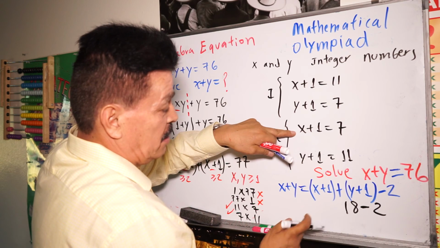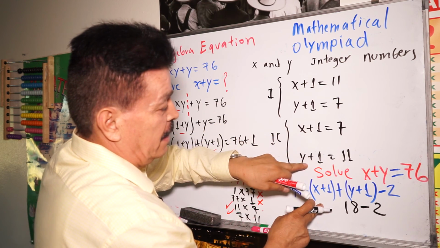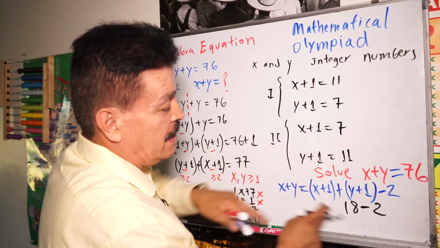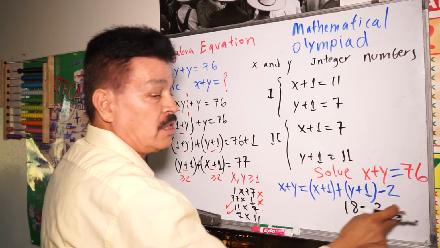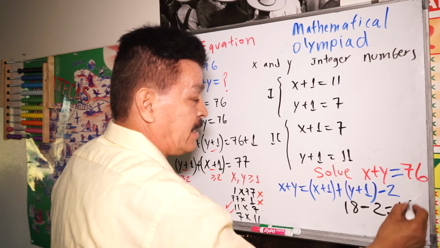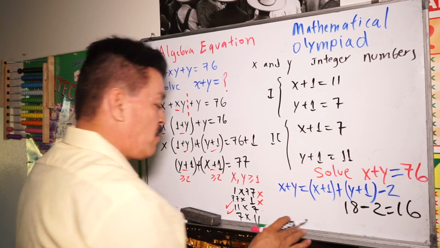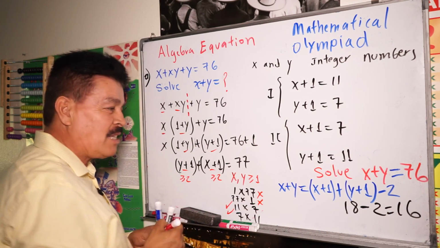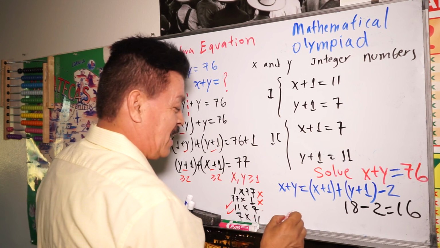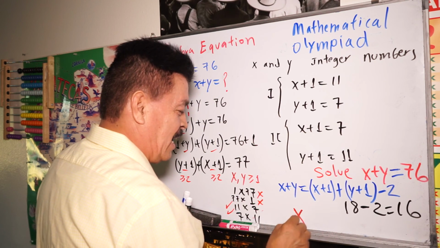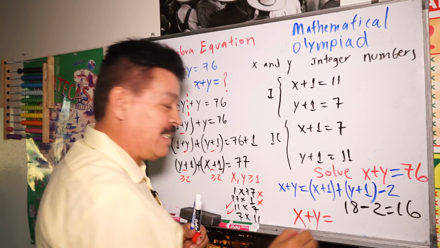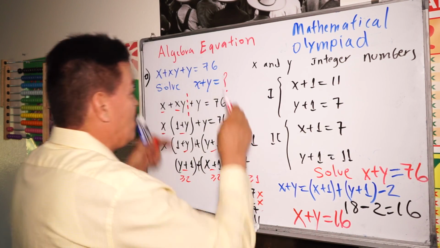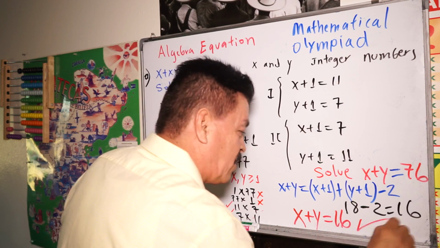Here, x plus 1 is 7 and y plus 1 is 11. 7 plus 11 is 18. Yeah, it's true in both. So 18 minus 2 equals 16. Now you got an answer. Very funny, no? x plus y equals 16. This is the value that we were looking for.